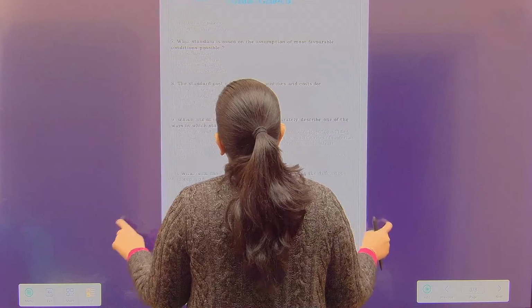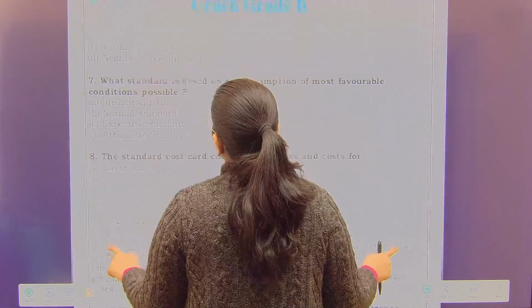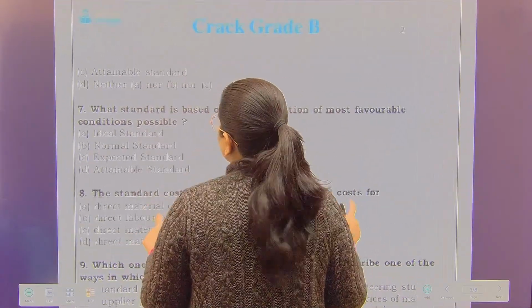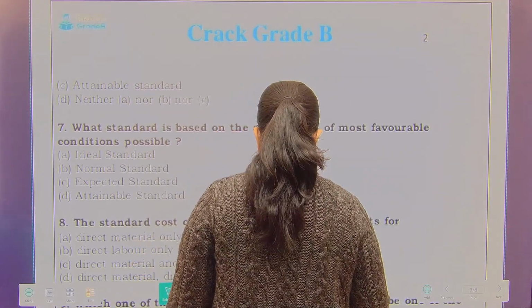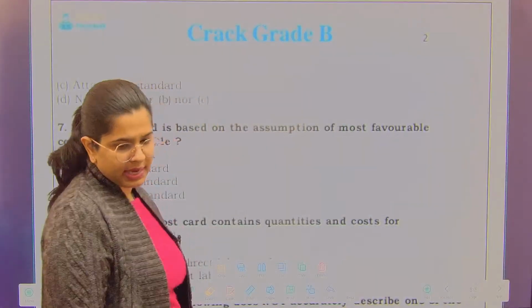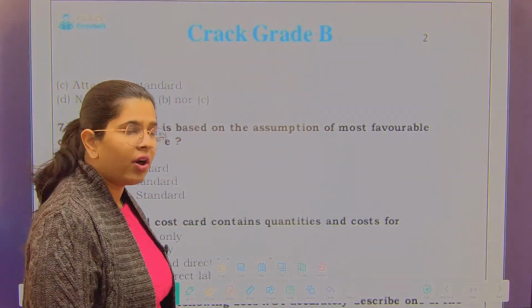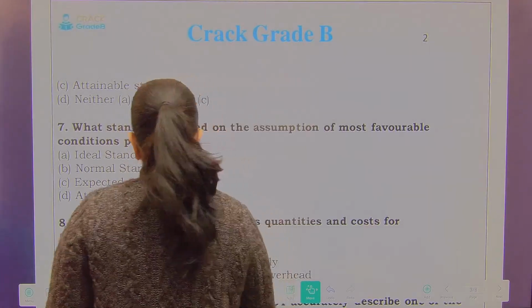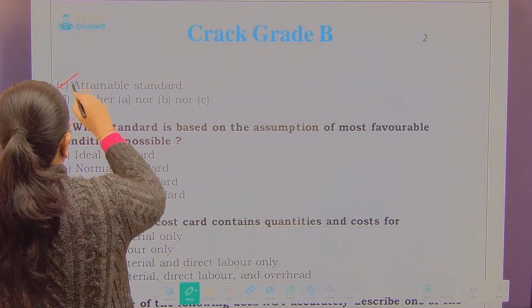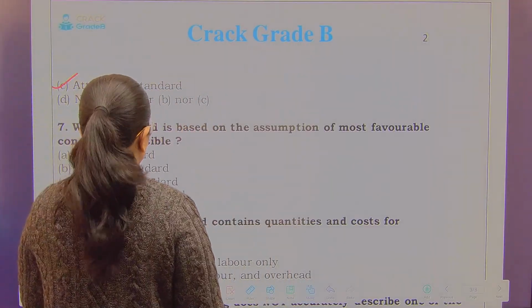So if the word attainable is given to you, then please choose it as the attainable standard. If the attainable word is not given to you, then you can go for normal standard. So attainable standard is the correct answer.